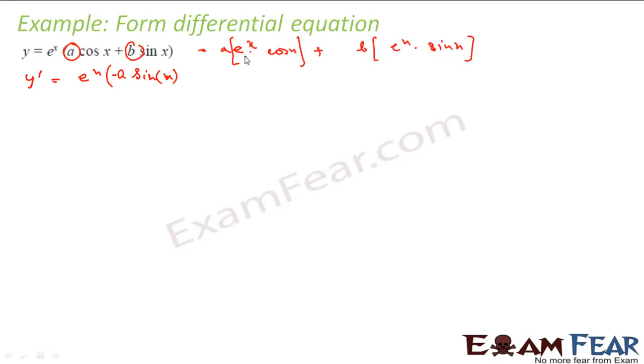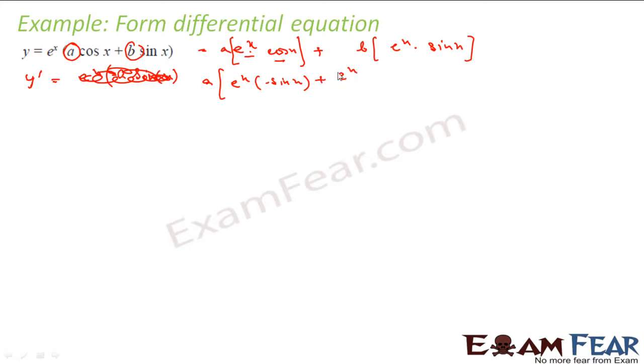So now since there are two functions in terms of x, we have to apply the product rule. Let me write it in this fashion to be more specific. A is constant. First I'll take this constant, differentiate this guy. So this becomes e to the power x, cos x becomes minus sin x. Then I'll take this guy constant and differentiate this guy.